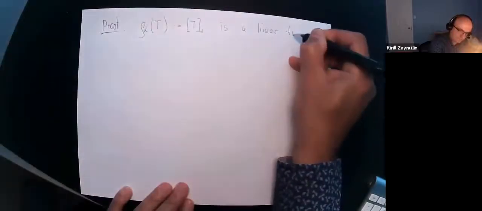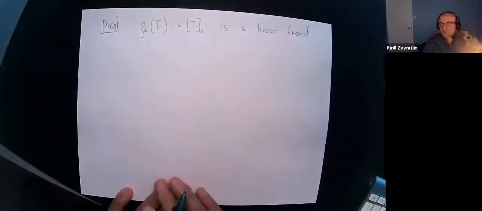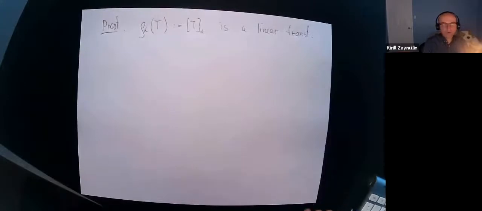Why is it so? Well, to check that something is a linear transformation, one has to verify two properties, right? That it preserves the vector addition and the scalar multiplication.